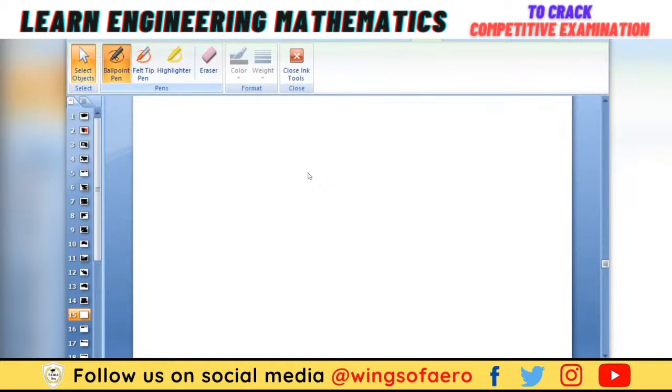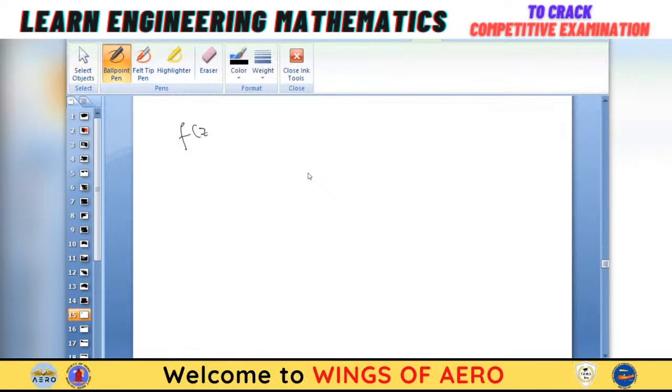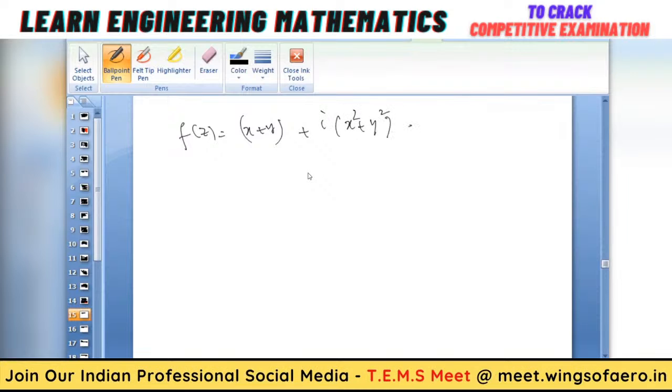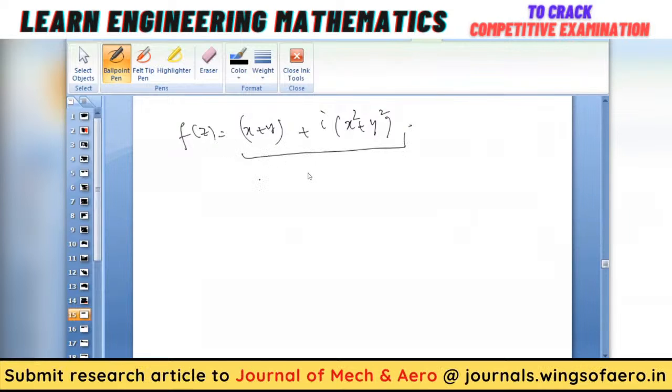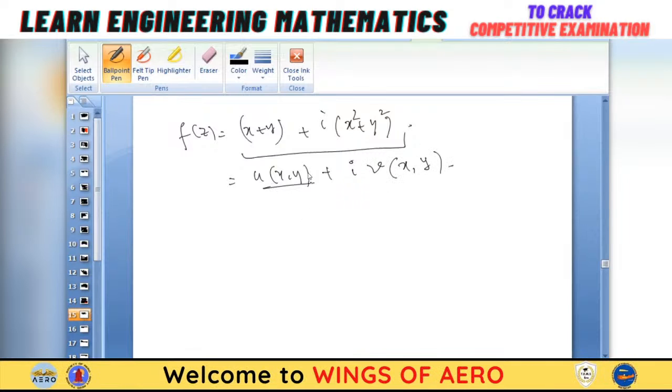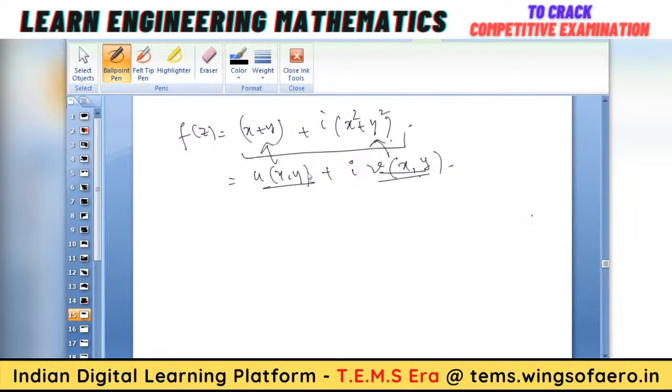Suppose f(z), I am writing a complex function, is x plus y plus i into x square plus y square. This becomes a complex function. Look at this, it can be expressed as u of x, y plus i into v of x, y. u(x,y) is equal to x plus y, v(x,y) is equal to x square plus y square.